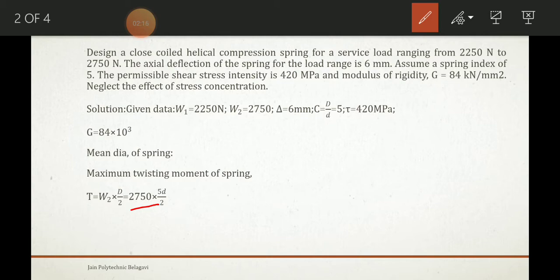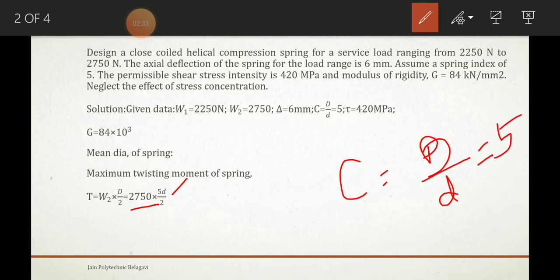Now from where does this 5d come? We know that C, that is the spring index, equals capital D by small d, which equals 5. So what is capital D? It is nothing but 5 into d.